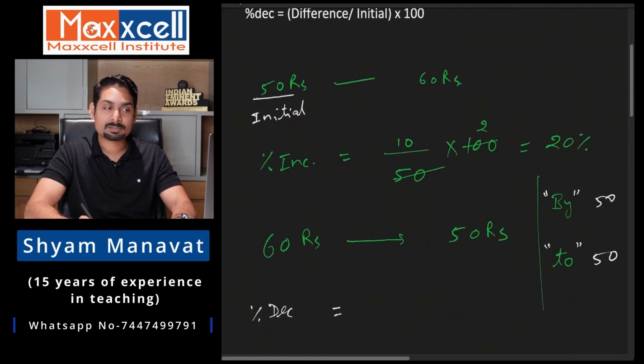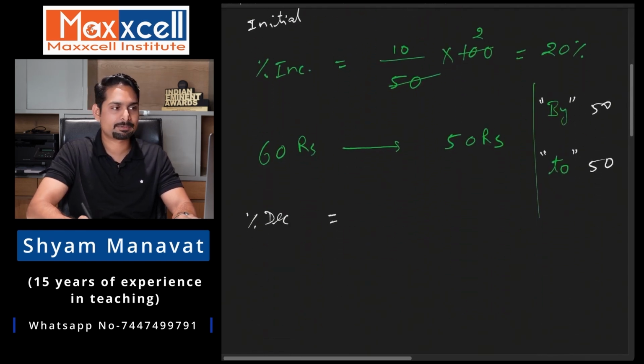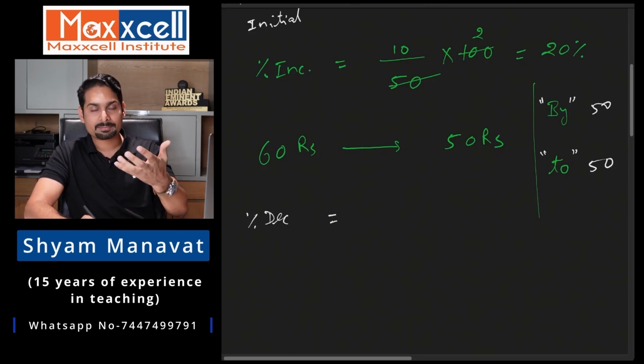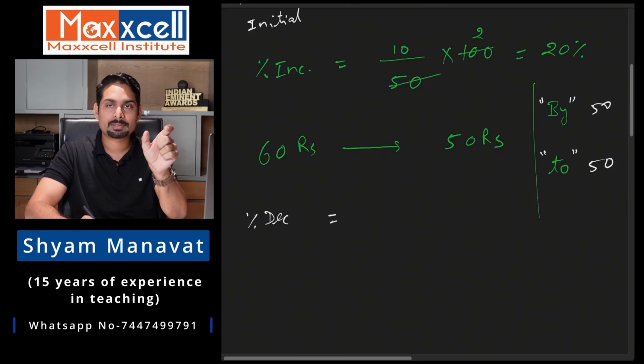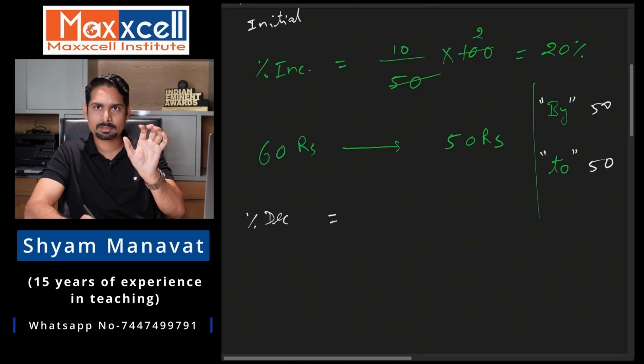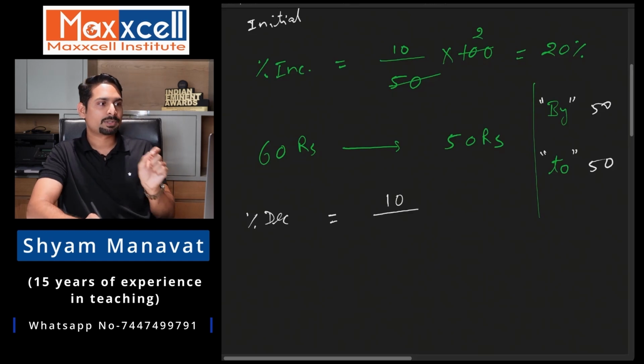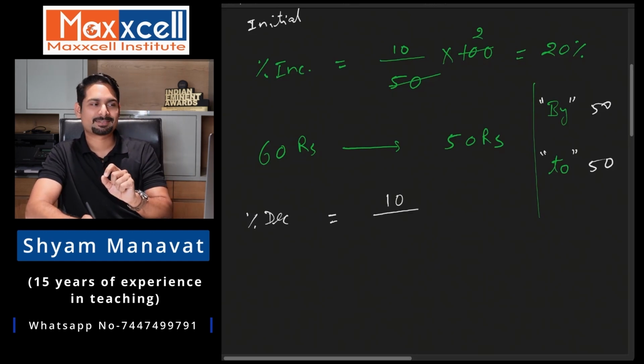Tell me the difference between 60 and 50. You can simply subtract, and whenever you subtract, it should always be bigger number minus smaller number. Difference is here 10. Now this time, which one of them is the initial value?